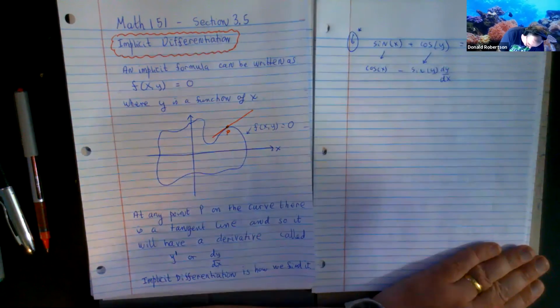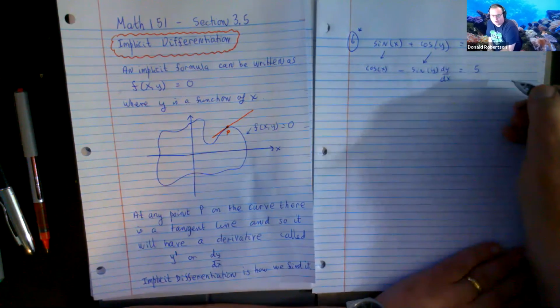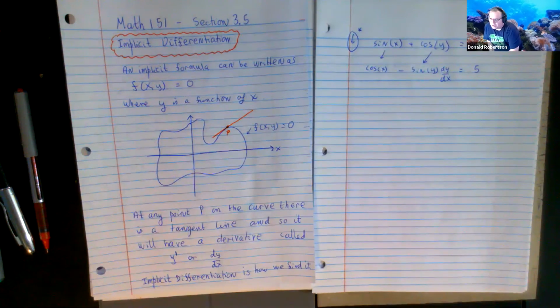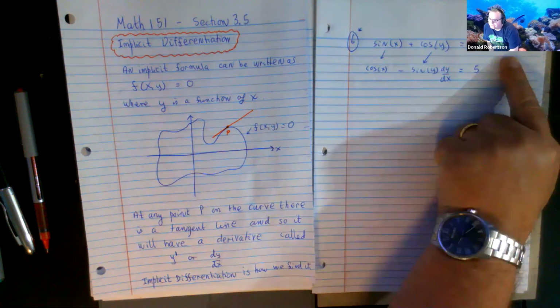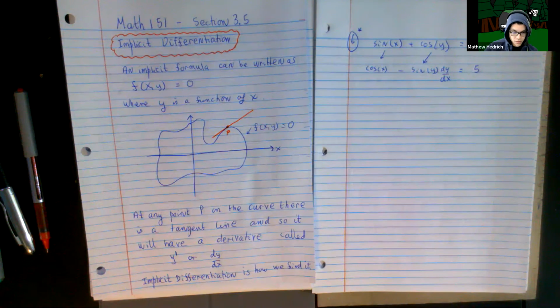Differentiate 5x, you get 5. I don't know why this causes trouble, but people have problems with negative 8y or plus 4y, or some just with a y. What's the derivative of negative 8y? Negative 8 dy over dx.